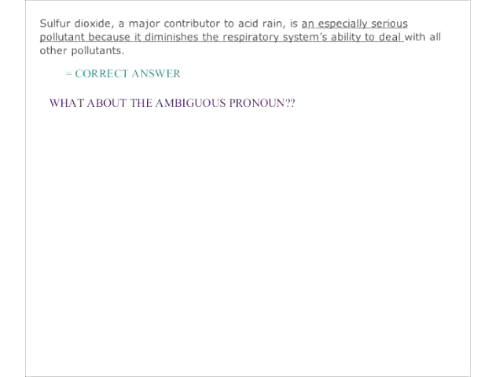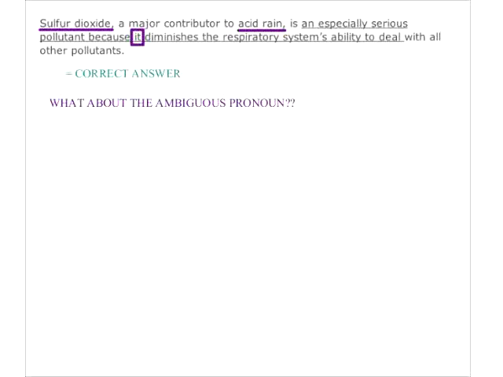Because technically it is an ambiguous pronoun. I mean, we don't know, technically speaking, if it's sulfur dioxide or if it's acid rain. Another super major point here is this, cause of lots of pain and anguish on the forums and elsewhere.